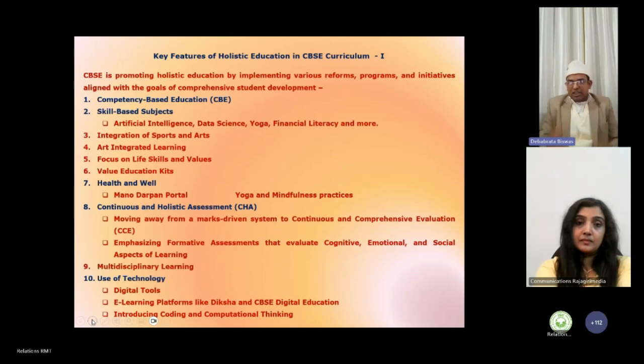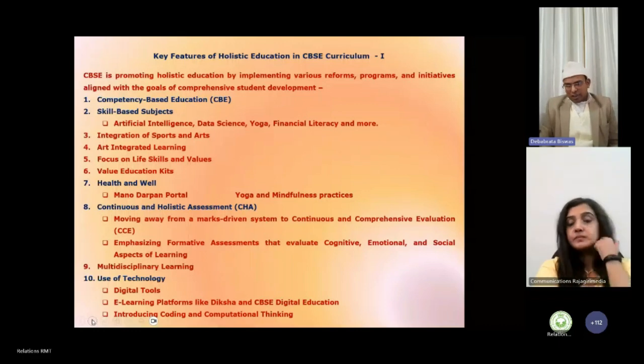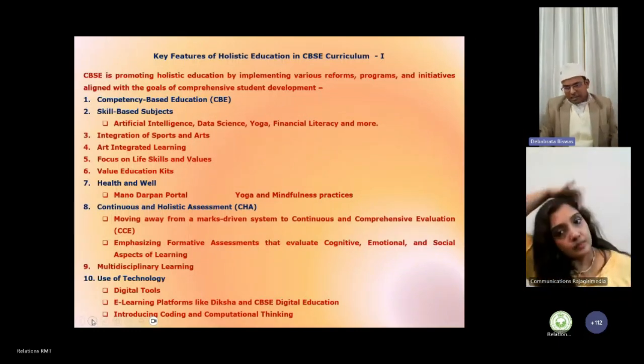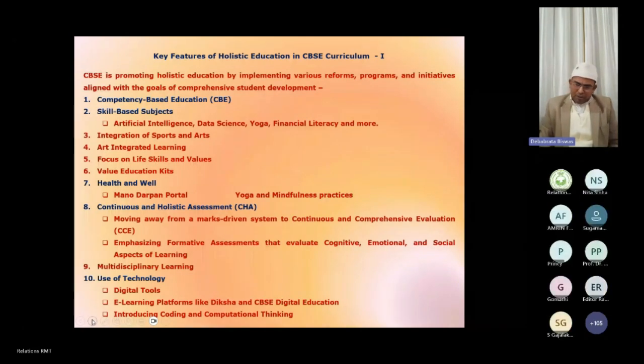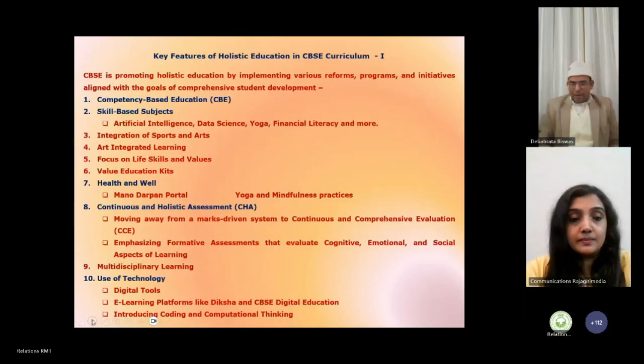That's why we are stressing skill-based subjects, integration of sports, arts, art-integrated learning, focus on life skills, all common points, value education kits, health and wellness, all common points, continuous and holistic assessment, which was the earlier CCE, same thing, formative assessment, emphasis is given on that, cognitive, emotional, and social aspects of learning, multidisciplinary points the same, use of technology. Next slide.